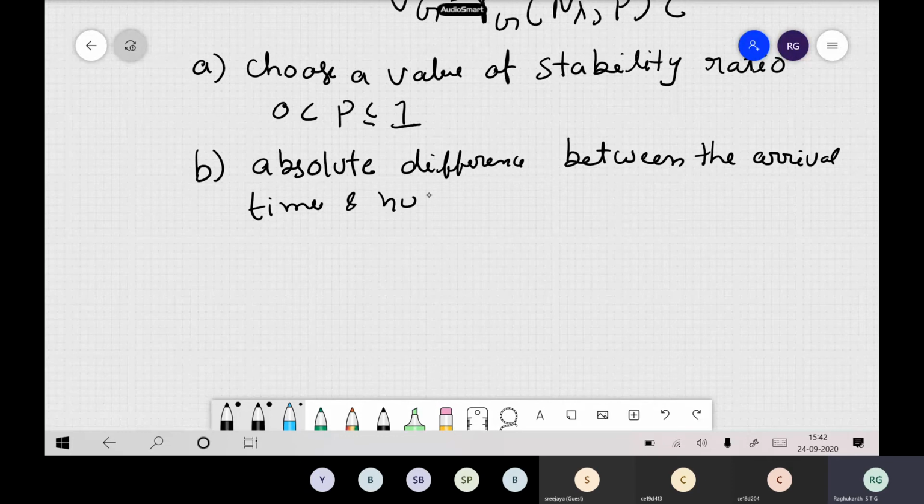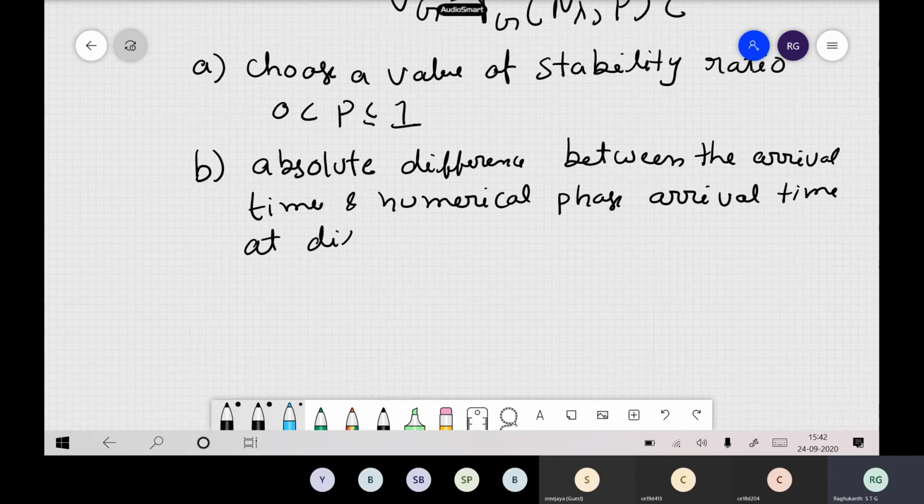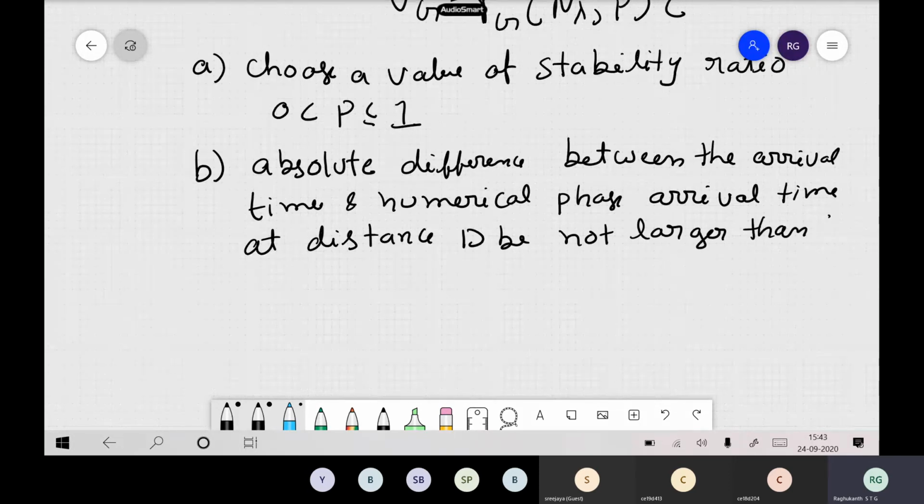and the numerical phase arrival times at a distance d, and require it to be not larger than some delta.